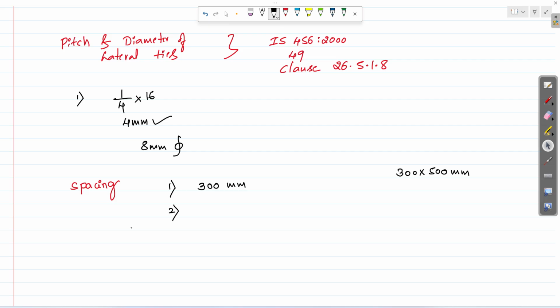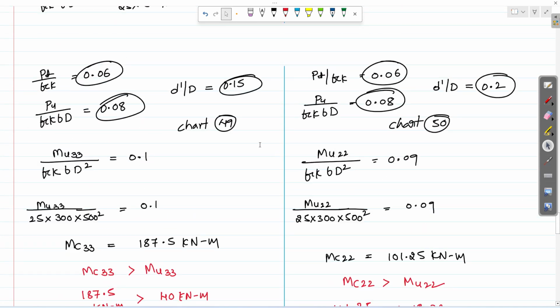So second one, 16 times the smallest diameter of the longitudinal bar. For longitudinal bars, I used 16 mm. Let me check in the calculation.